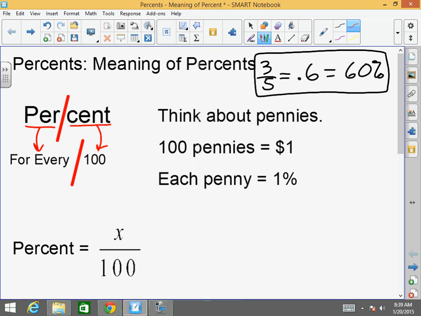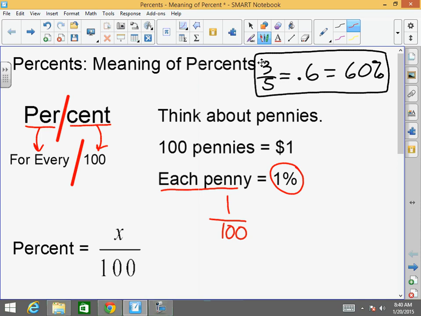Think about pennies. Pennies are a great way to think about percents. 100 pennies give you $1, correct? Each penny then is 1 cent, or 1%. 1 penny is 1 out of 100 to make $1.